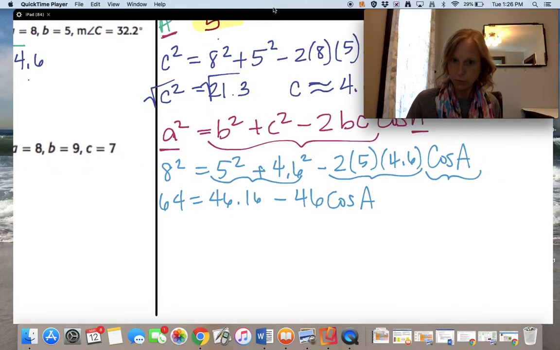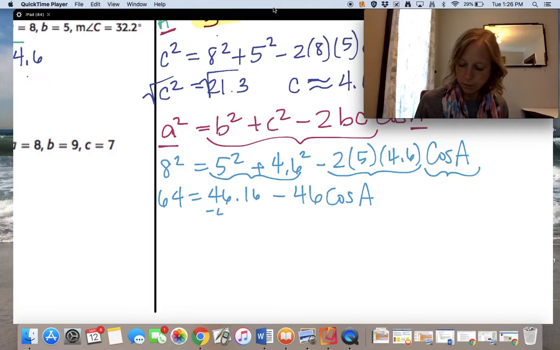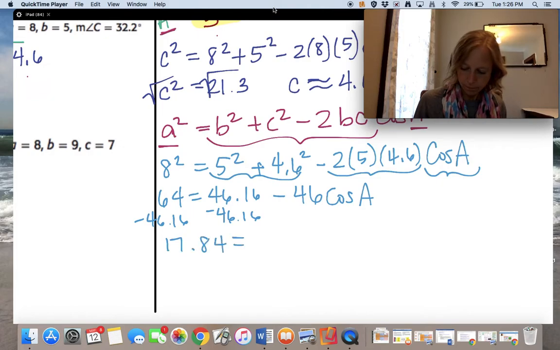Move this down so we can finish our work. So we'll have to subtract this 46.16 from each side, and then we'll divide both sides by negative 46.